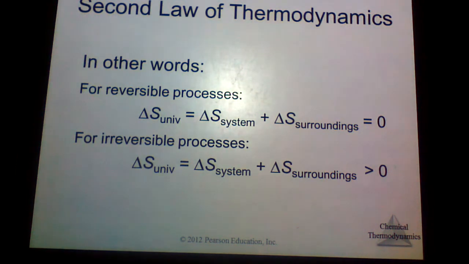So in other words, for a reversible process, the change in entropy of the system plus the change in entropy of the surroundings is just going to equal 0. So if I pour water in an ice cube tray, I place it in the freezer, it makes ice. But then I do the reverse process and take the ice out of the freezer, get water.